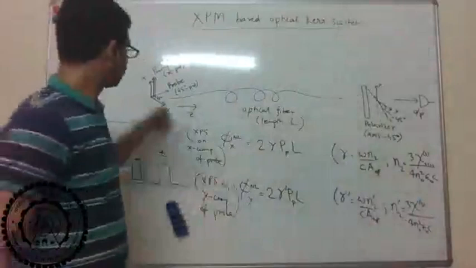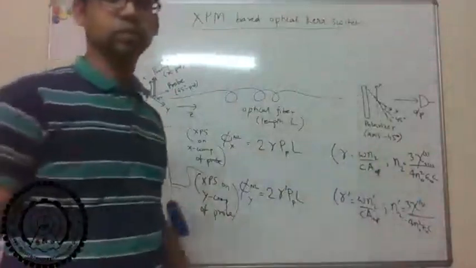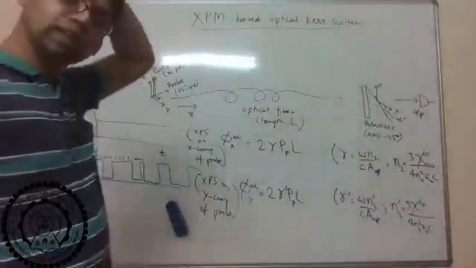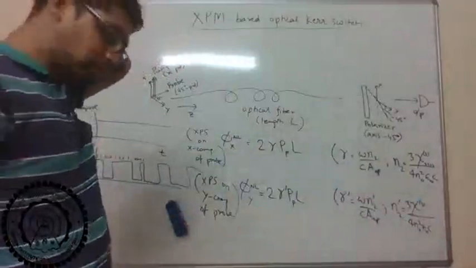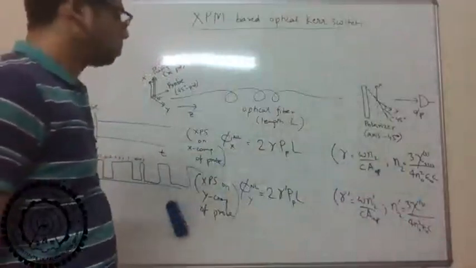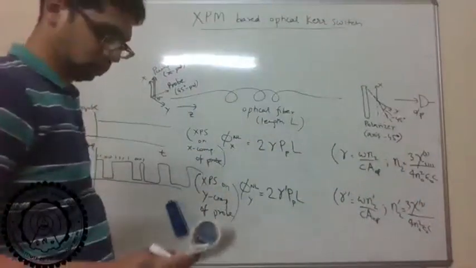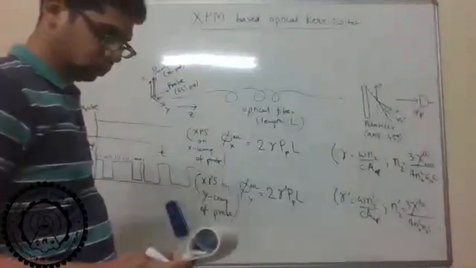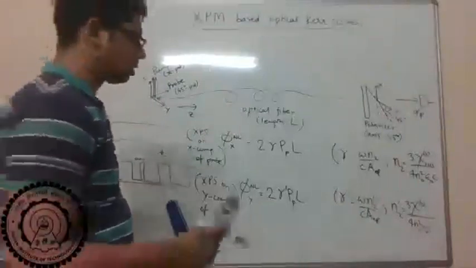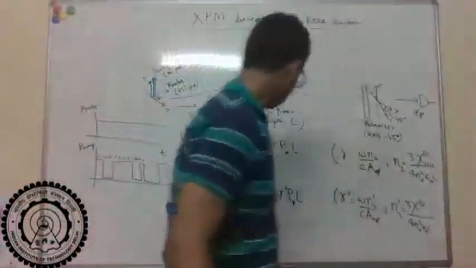Now the probe is Y polarized and the pump is still X polarized. Two of them will be Y?